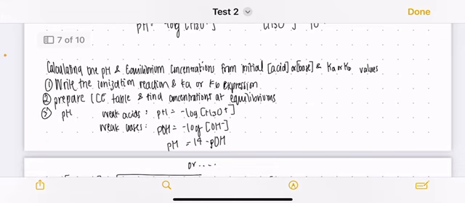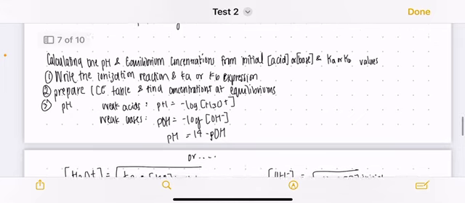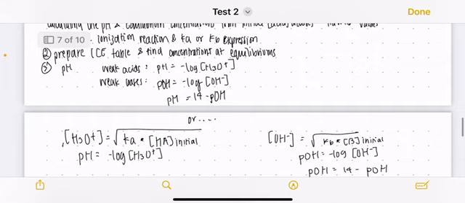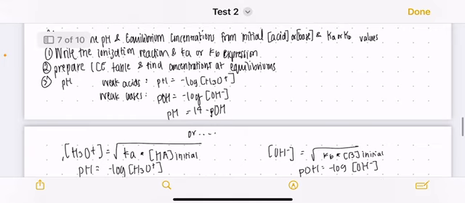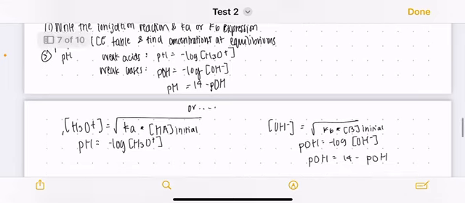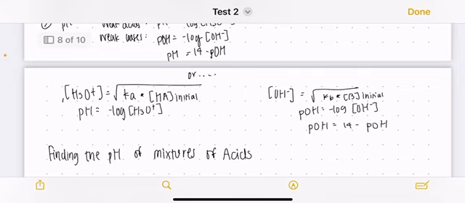Calculating the pH and equilibrium concentrations from the initial acid or base concentration and Ka or Kb values. You have to write the ionization reaction of Ka or Kb, prepare the ICE table to find the concentrations at equilibrium, and for the pH, you have to know that for weak acids, pH is equal to minus log of hydronium ions, and pOH is equal to minus log of hydroxide ions. pH is equal to 14 minus the pOH calculated above.